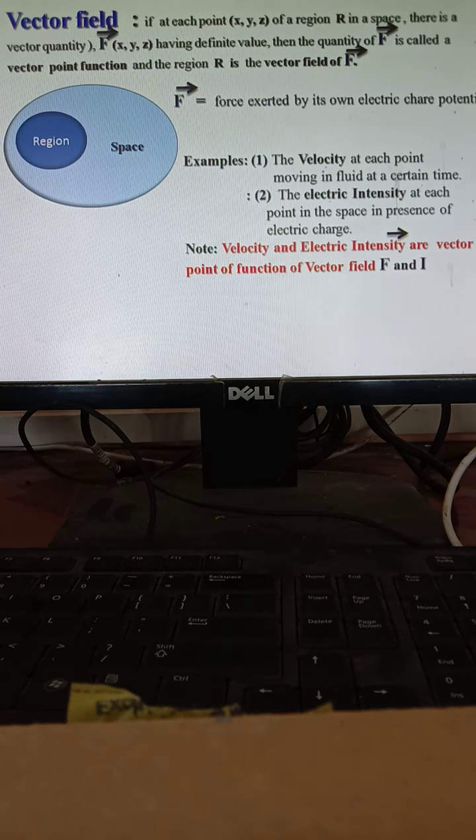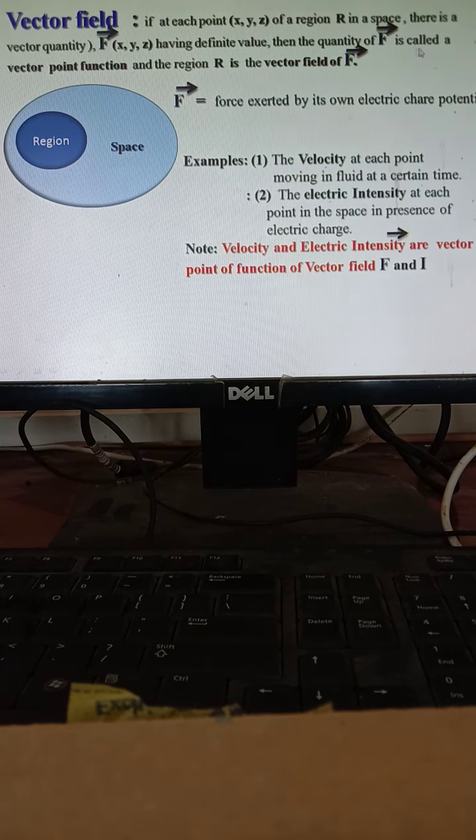In this vector field region, if you select a particular point in a region R, at each point of region R with variables x, y, z in space, there exists a vector quantity F, a force having a definite value.